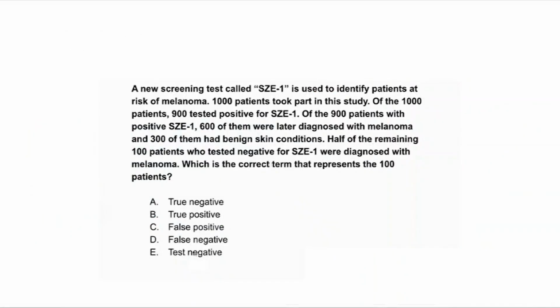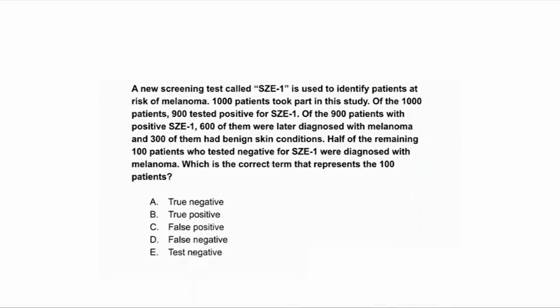A new screening test called Z1 is used to identify patients at risk of melanoma. 1,000 patients took part in this study, so our total is 1,000. Out of the 1,000 patients, 900 tested positive. So our test positive is 900.